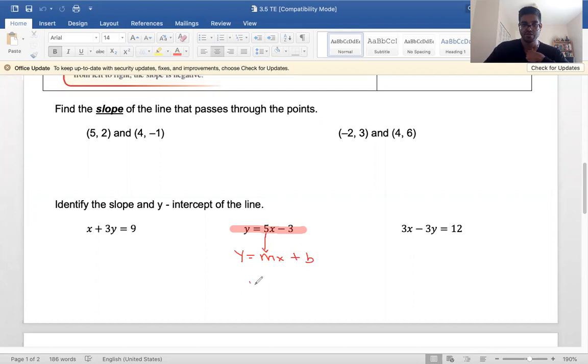So here, m equals 5. And b is your other term, over here. Now normally we have a plus, but now we have a minus. So that means our b is going to be negative 3. As a point, remember your y-intercept has an x-coordinate of 0, and your y-coordinate is negative 3.